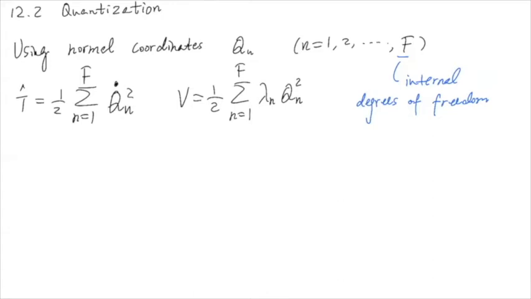But actually, the overall rotation is not rigorously separable from vibration. Approximately, yes, it is. You can make this additional assumption that you can apply separation of variables to separate vibration and rotation. But actually, in classical mechanics, vibration and rotation are coupled.